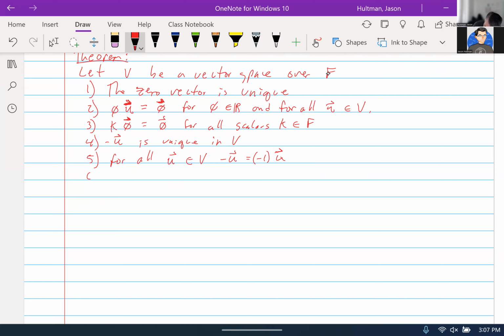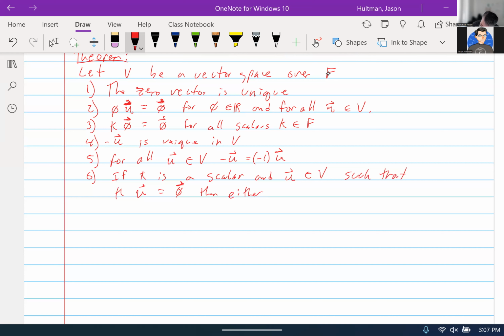And number 6, if k is a scalar and u is an element of V, such that k times u is equal to the 0 vector, then we know one of two things.